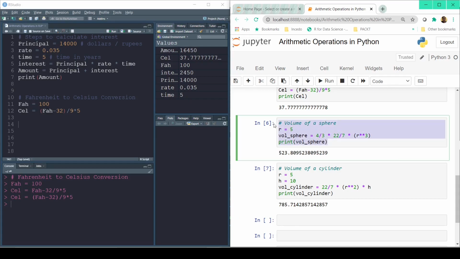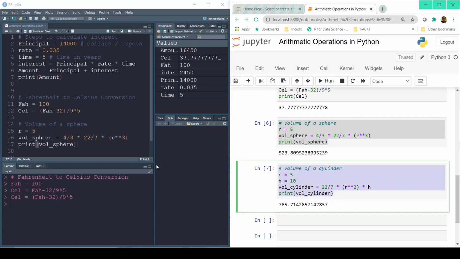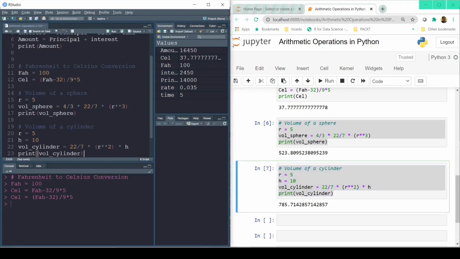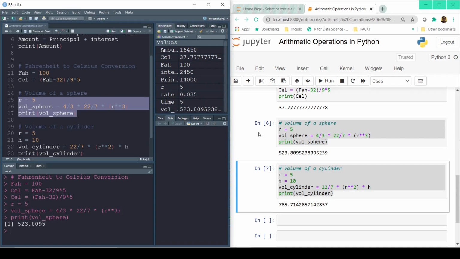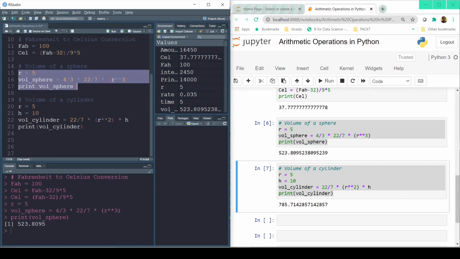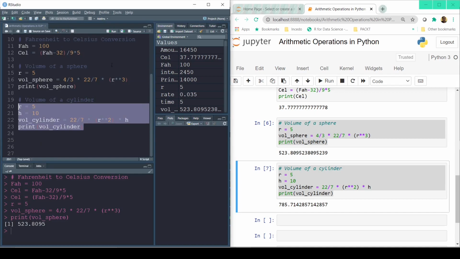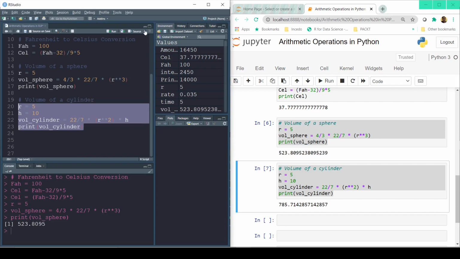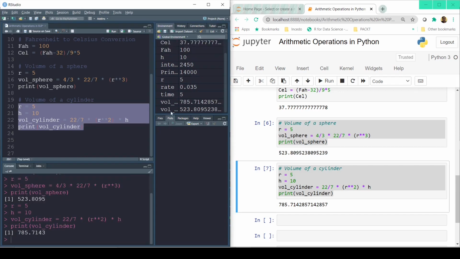And now, to save time, let me paste the volume of cylinder as well over here. All right, now if I select these 3 lines and click the run button, volume is 523.809, and in case of volume of a cylinder, if I select all these and execute, it says 785.71.